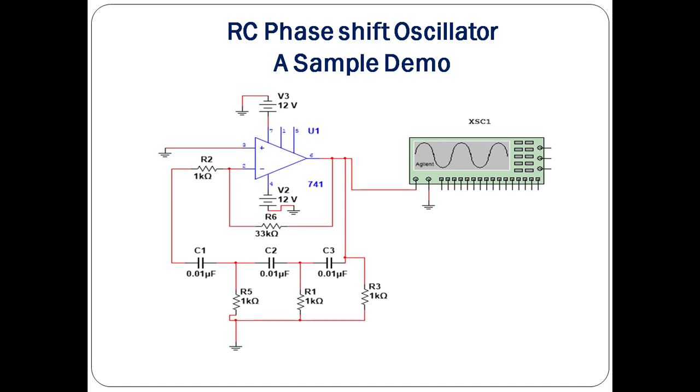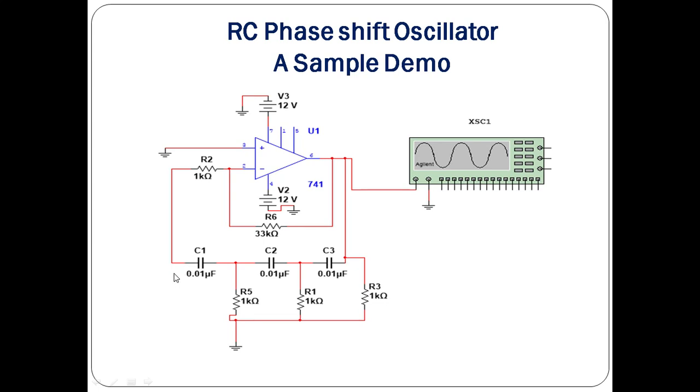The other condition, A into beta, should be equal to 1 at least, or greater than or equal to 1. And beta is the attenuation factor. If some input is given here to the network, what is the output expected?